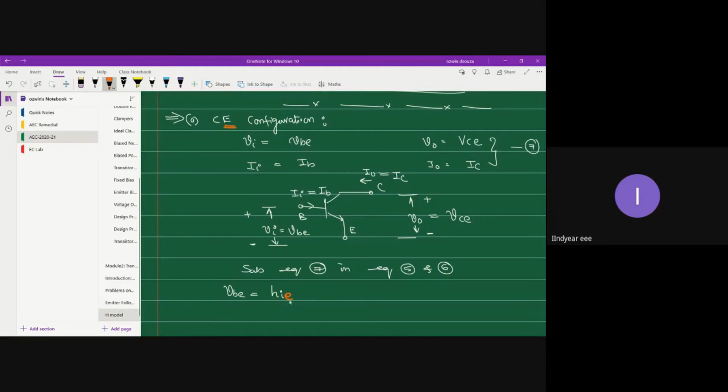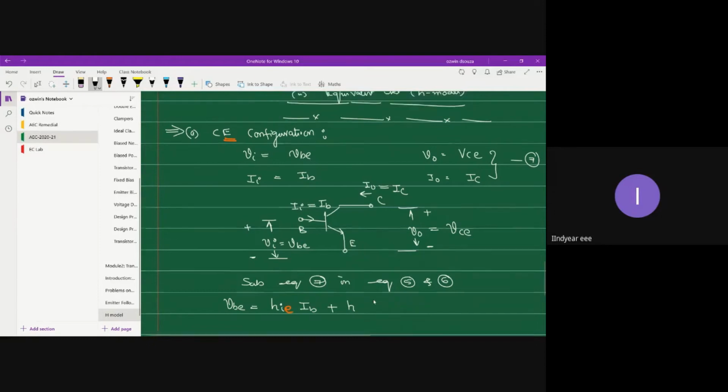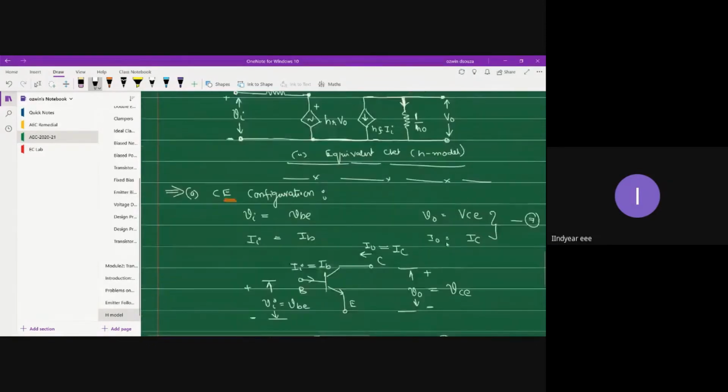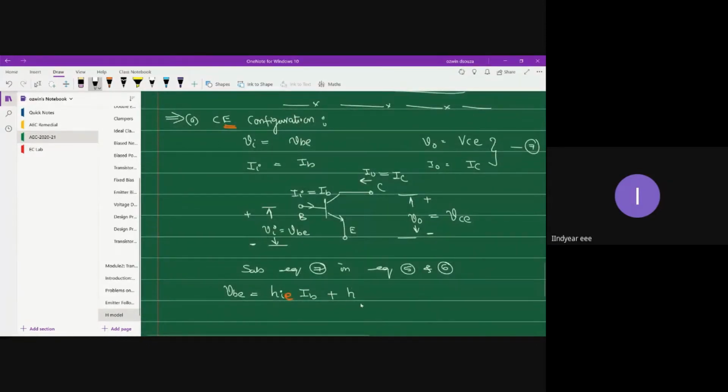So it is HIE, and then II, which is IB, plus HR, and then the output voltage, which is VCE. Then my output current is IC, which is HF into IB plus HO into VCE.